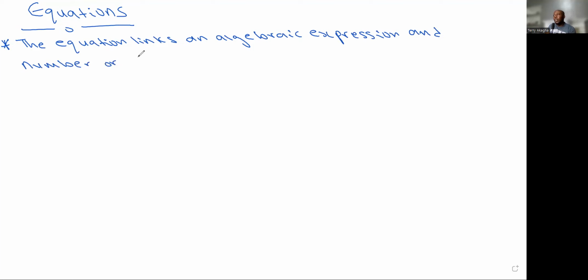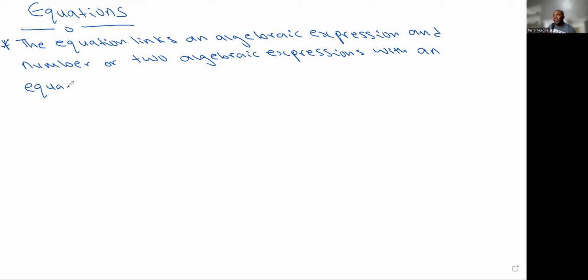Or you can link two algebraic expressions. So it links two algebraic expressions with an equal to sign.